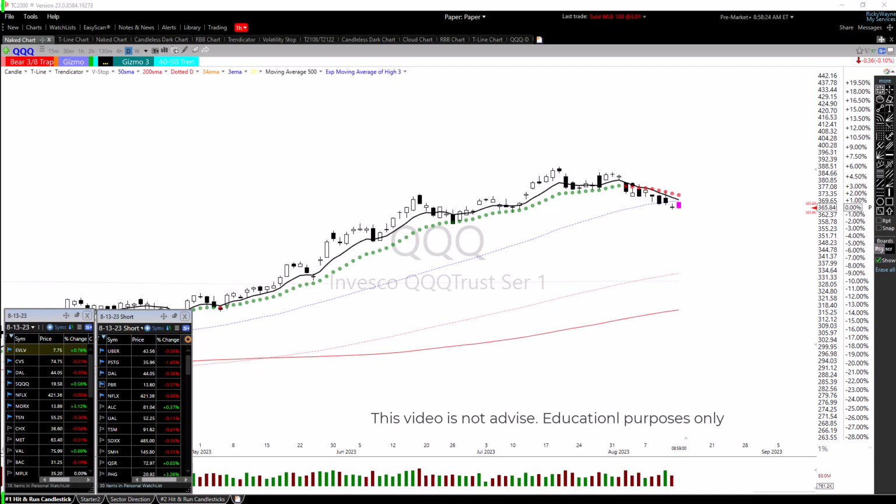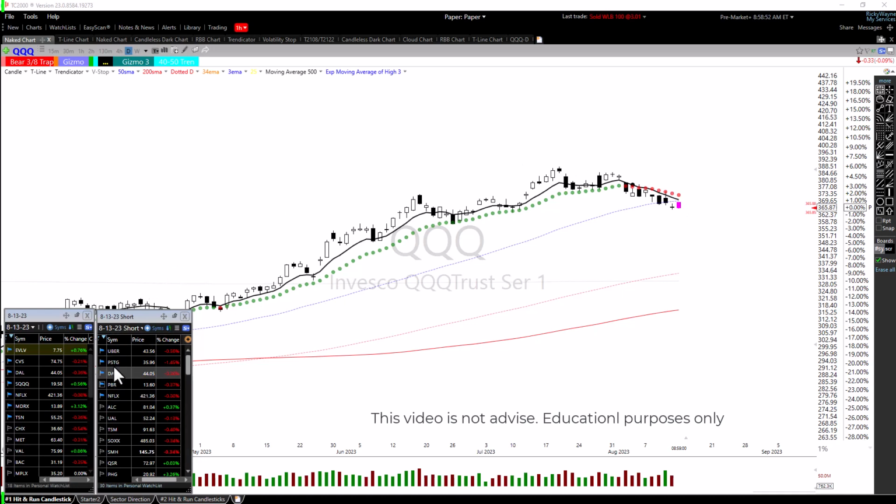So what we're looking for is for that to continue down. There's a good chance it tries to move up. It may not be today, may not even be this week, but what we're looking for is that continued downside. Higher lows, lower lows, higher lows, lower lows, a sign of a downtrend. So we'll be watching the Qs right there.